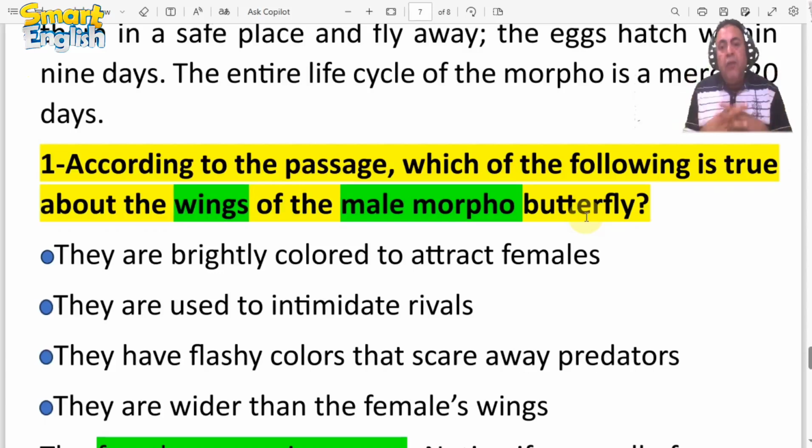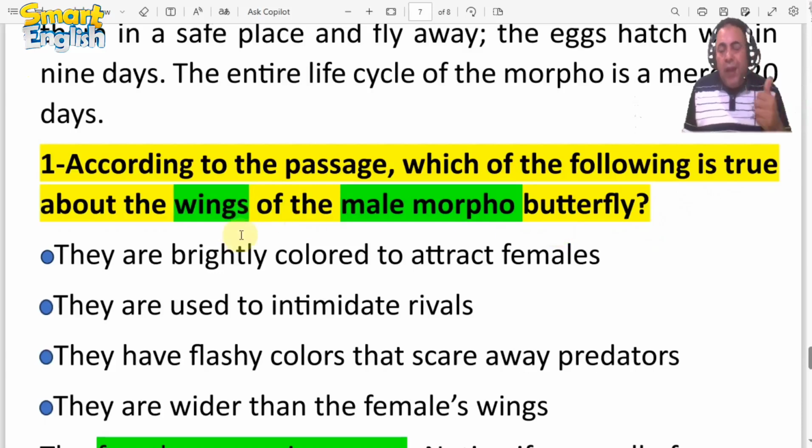Which words do I use as keywords in the question? First, you have to focus on the nouns, as we said before, and verbs and adjectives. Wings is a noun, male is a noun, morpho butterfly, okay? And whether it is true or not.